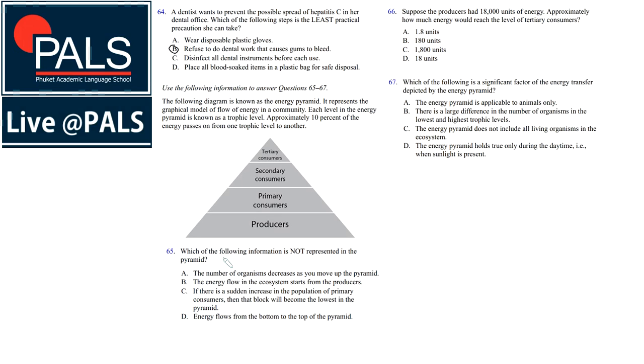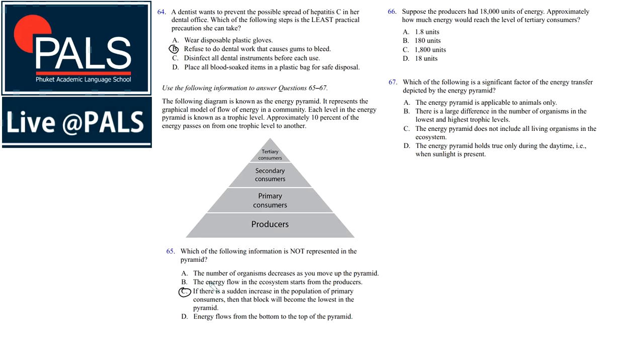This one's a bit tricky. Now, if there's a sudden increase in the population of primary consumers, then that block will become the lowest in the pyramid. I think this does not make sense at all here, so that should be the correct answer.